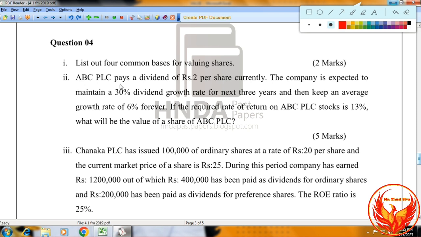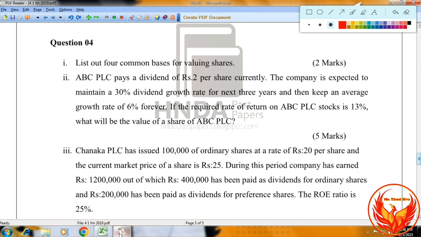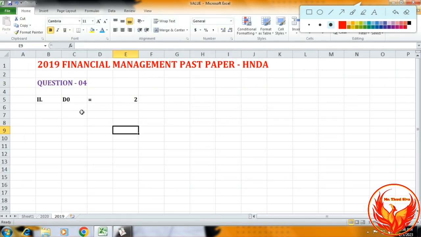As per the question, the dividend is ₹2 per share currently, so D0 is given as ₹2. The growth rate for the first 3 years is 30%.